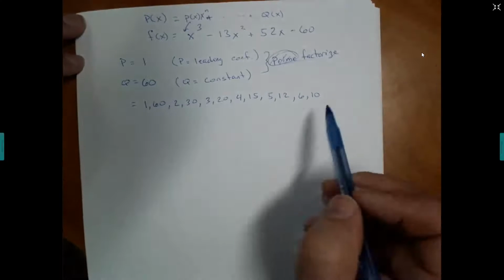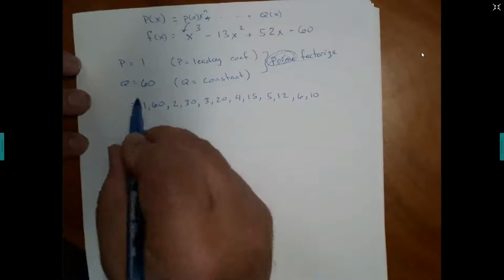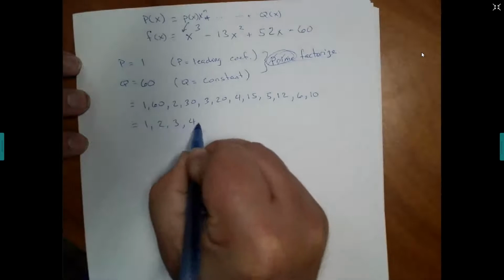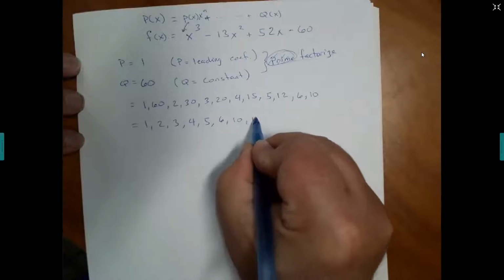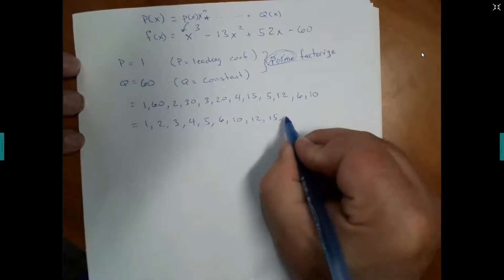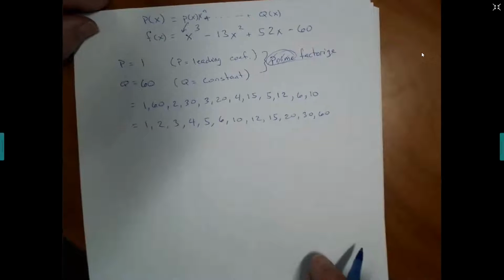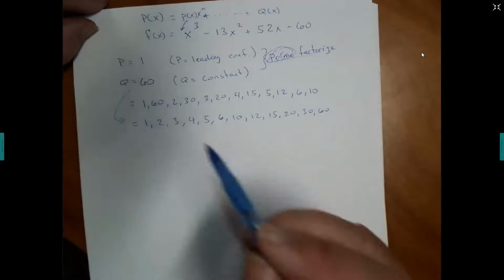Now we go back up to 10, so those are all the possibilities. So 60 can be 1, 2, 3, 4, 5, 6, 10, 12, 15, 20, 30, and 60. That's what 60 breaks down into.